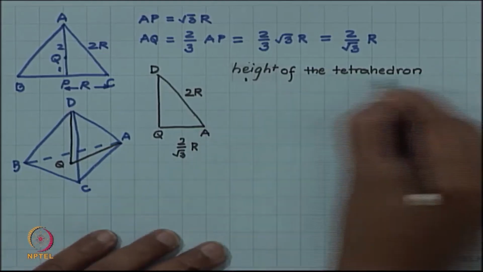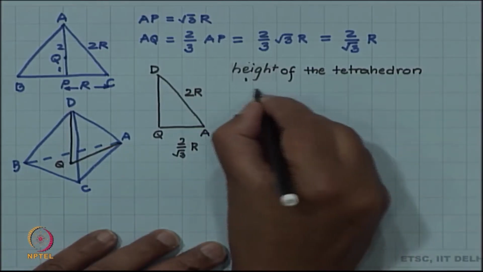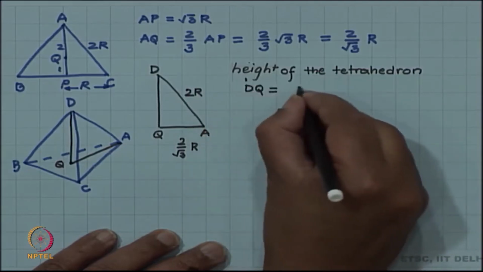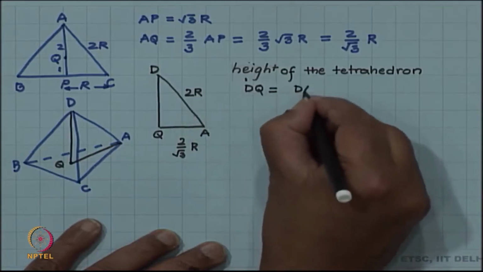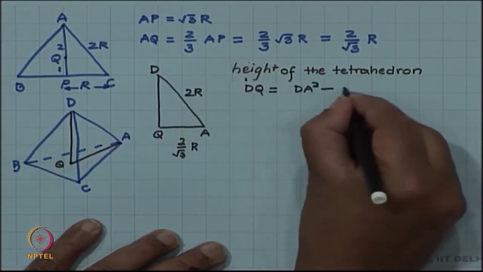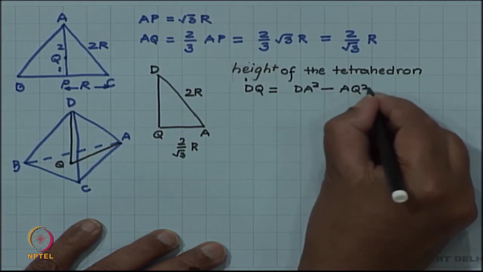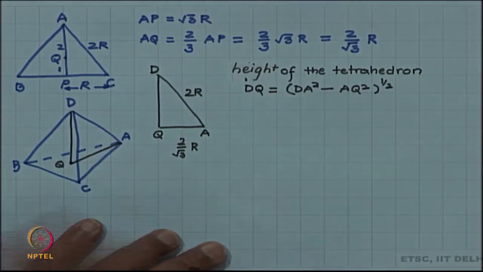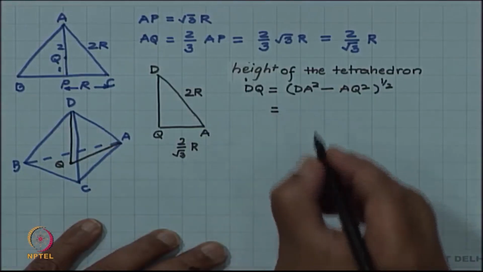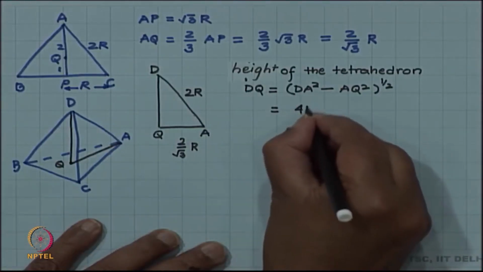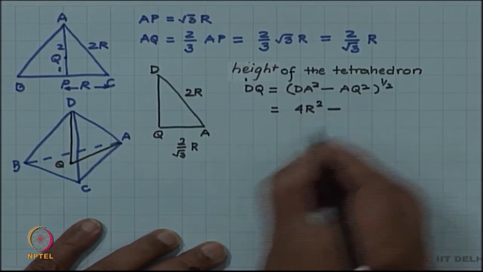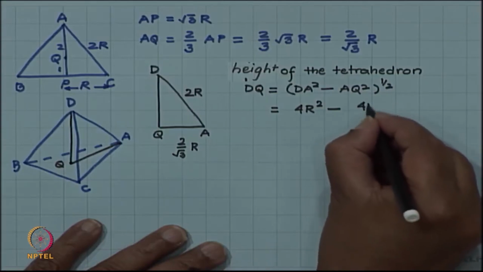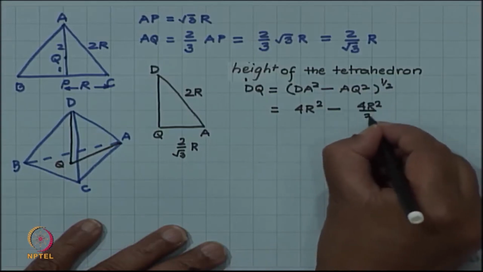Height of the tetrahedron DQ is equal to the square root of DA square minus AQ square. DA square is 4R square minus AQ square, which is 4R square by 3.